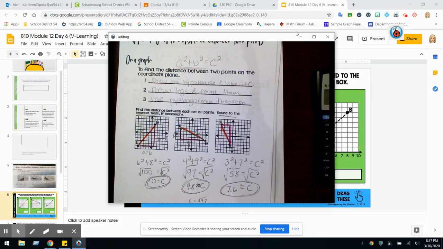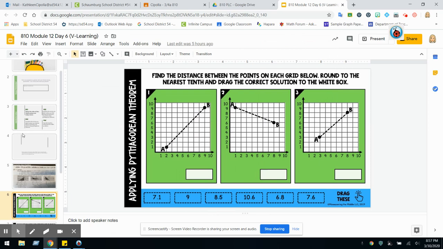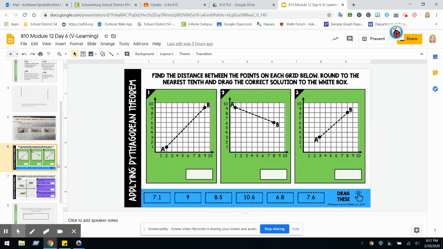So just to show you guys quickly what you're doing here on your slides, this one here, you're finding this distance. So to find the distance, you want to count this leg and this leg and use the Pythagorean theorem. One of these answers here is the correct answer. You'll drag it to the spot. So exactly what we did on the notes that I just showed you, you're doing right here.